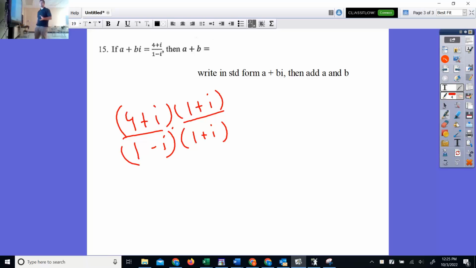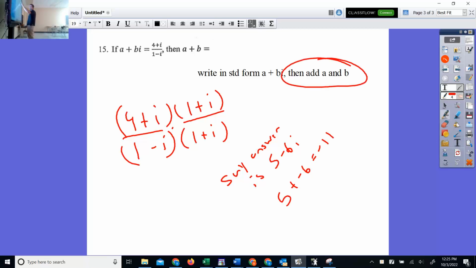Now, when you're done with this, I don't know what the answer is going to be, but say the answer is 5 minus 6i. If that's what it is, then you're going to do 5 plus a negative 6 and get negative 1. And that's going to be how you come up with that answer.